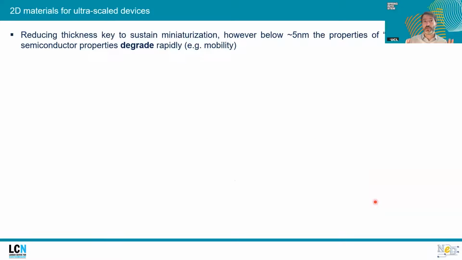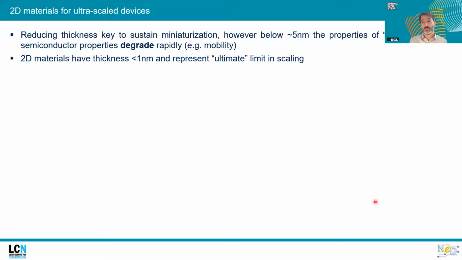However, there are some limitations in what we can do with conventional semiconductors. In particular, there is a sort of boundary which is approximately 5 nanometers in thickness, which is the critical dimension below which some degradation of the material starts to happen.